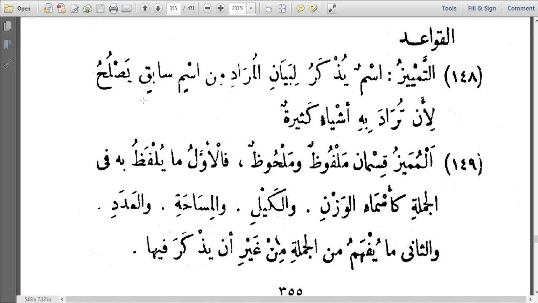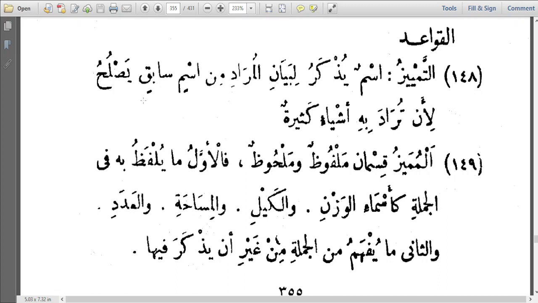So you know that it's not a verb, it's not an article. تمييز is a noun. يذكر لبيان المراد, it is mentioned to clarify what is intended من اسم سابق, from a noun that has been mentioned previously. يصلح لأن تراد به أشياء كثيرة, أي يصلح هذا الاسم السابق لأن تراد به أشياء كثيرة.